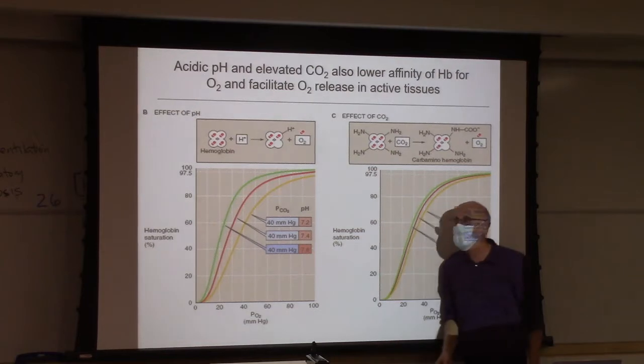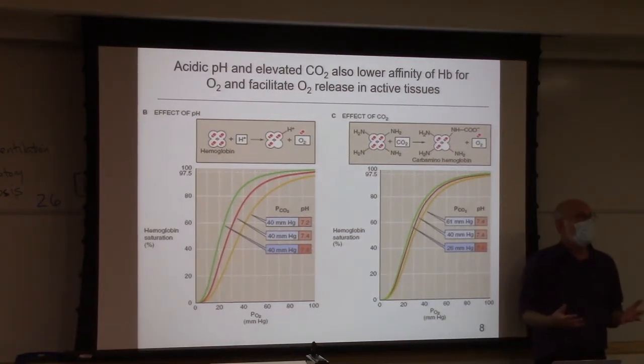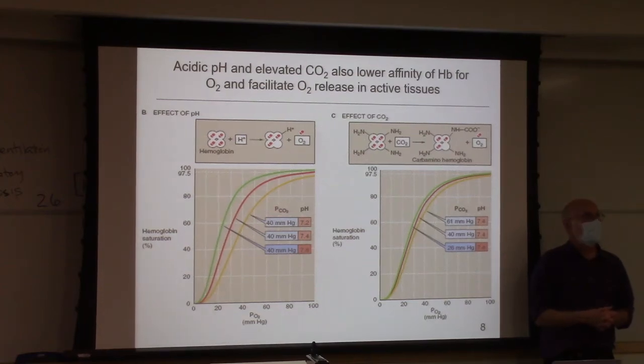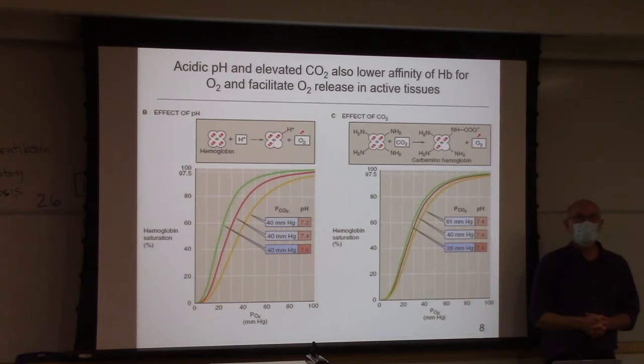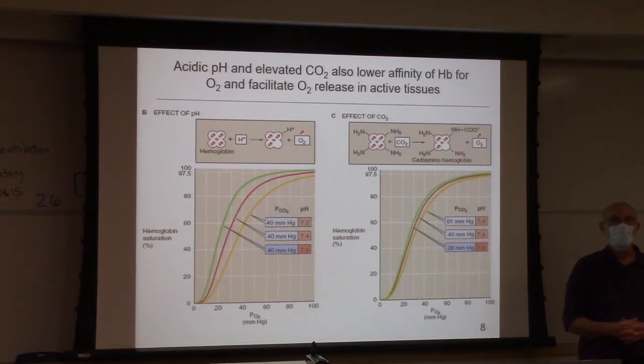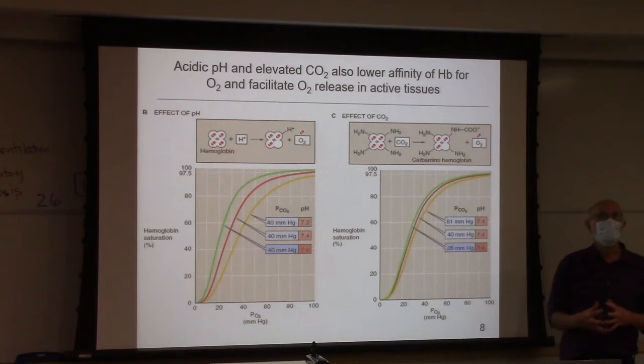All three of these things work together to help hemoglobin let go of its bound oxygen in a highly active muscle cell. So, a highly useful evolved system for letting oxygen unbind from hemoglobin in muscle.